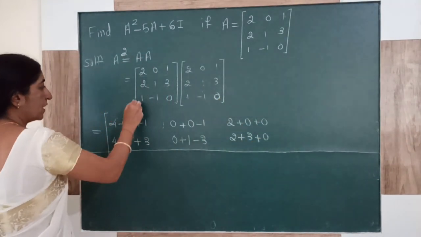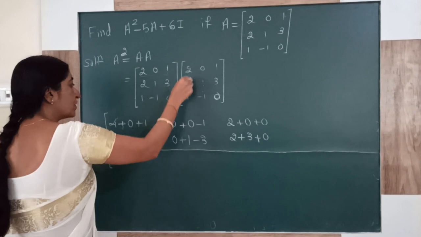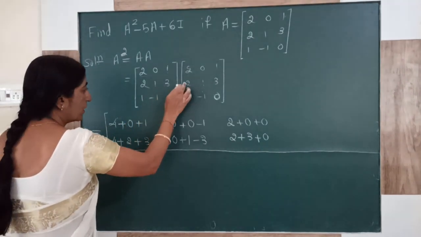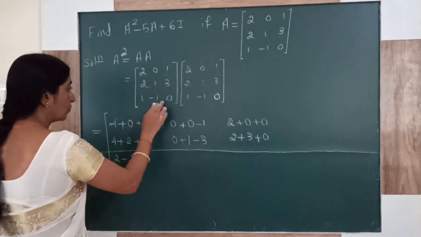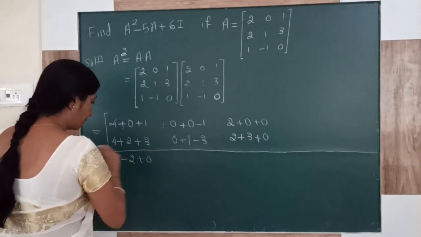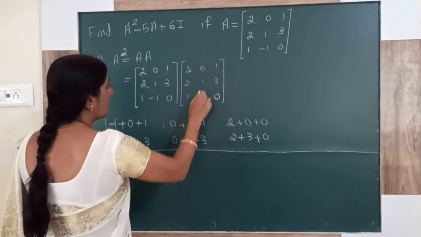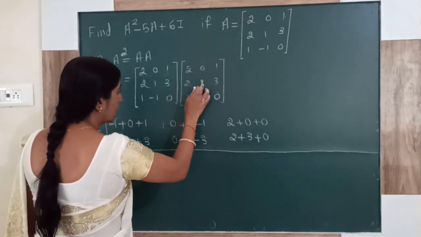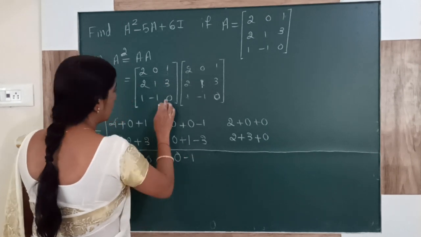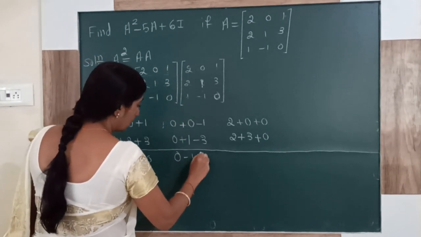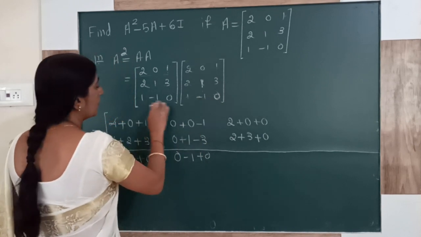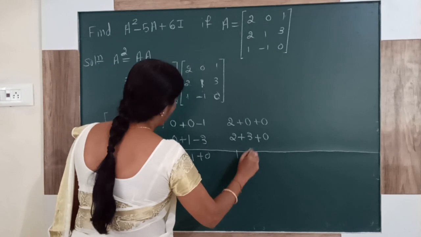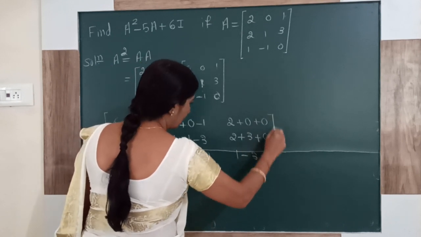Then next one, third row with first column: 1 into 2. Next is minus 1 into 2, that is minus 2. Next is 0 into 1, 0. Third row with second column: 1 into 0, minus 1 into 1 is minus 1, 0 into minus 1 is 0. Then third row with third column: 1 into 1, minus 1 into 3, plus 0.